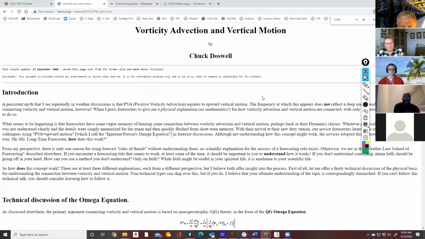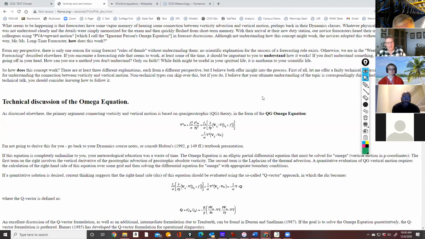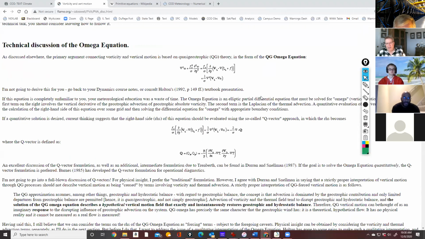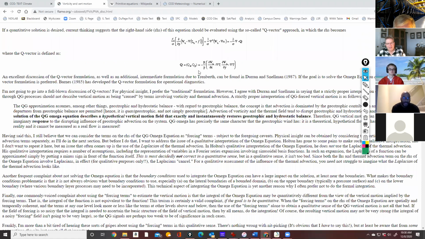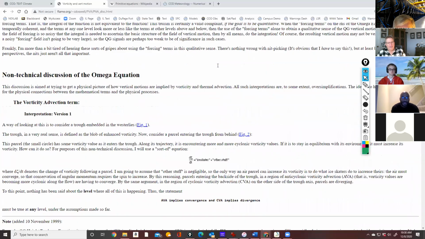Vorticity, advection, and vertical motion. Technical discussion of the omega equation. It talks about things called Q vectors. And then we go to the non-technical discussion of the omega equation.